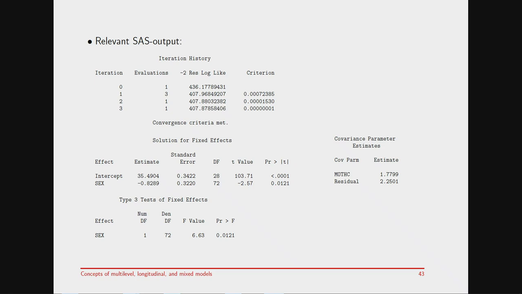And here you see for the first time such an output, and it's the general output. And later on, when we will fit such models, we will only see parts of the output, or relevant parts of the output. But what you first see is the iteration history. And that's always important to take a look at, because we do here something like maximum likelihood estimation.